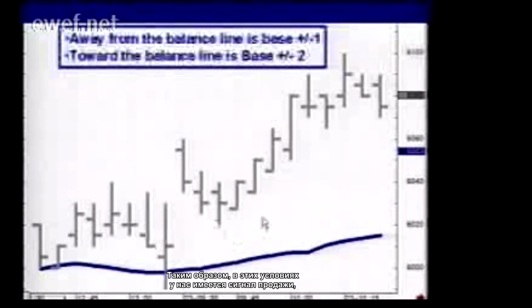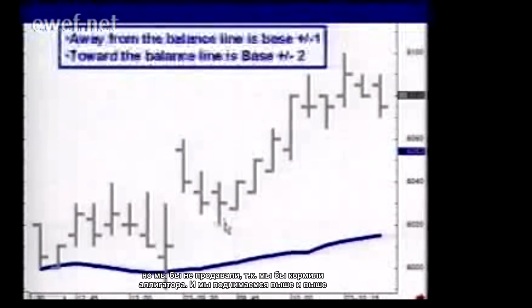So in this condition, we would have a sell signal here, but we would not sell it because we would be feeding the alligator. And we would go up and up and up, and remember, we don't want to feed the alligator. So at this point, we simply want to notice these signals, and later on during the week, we're going to show you which signals we are really going to take.